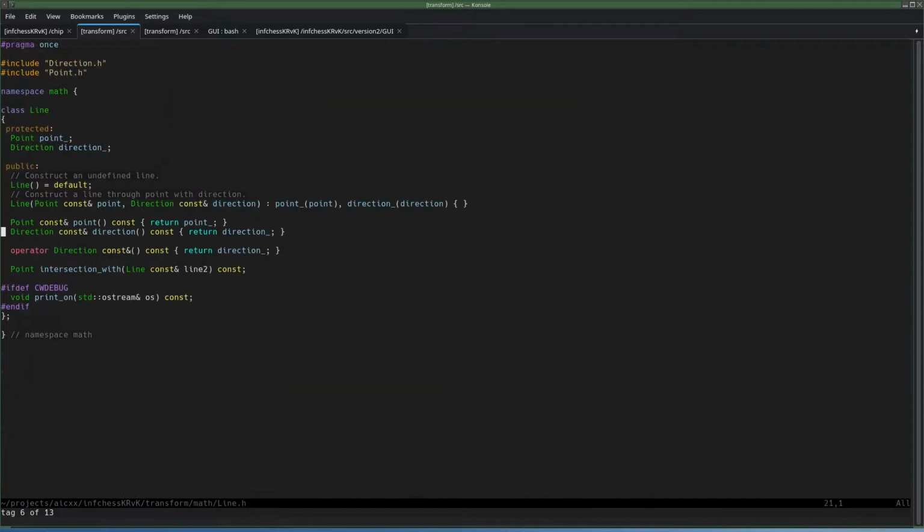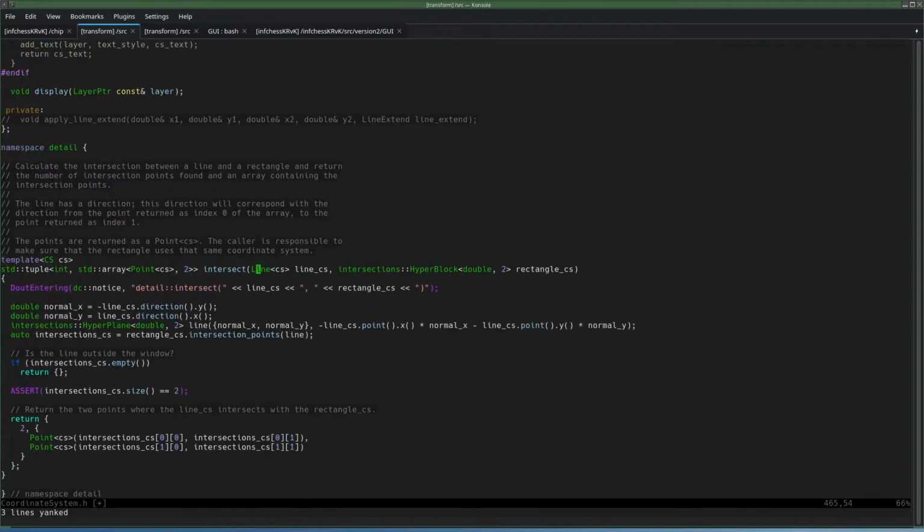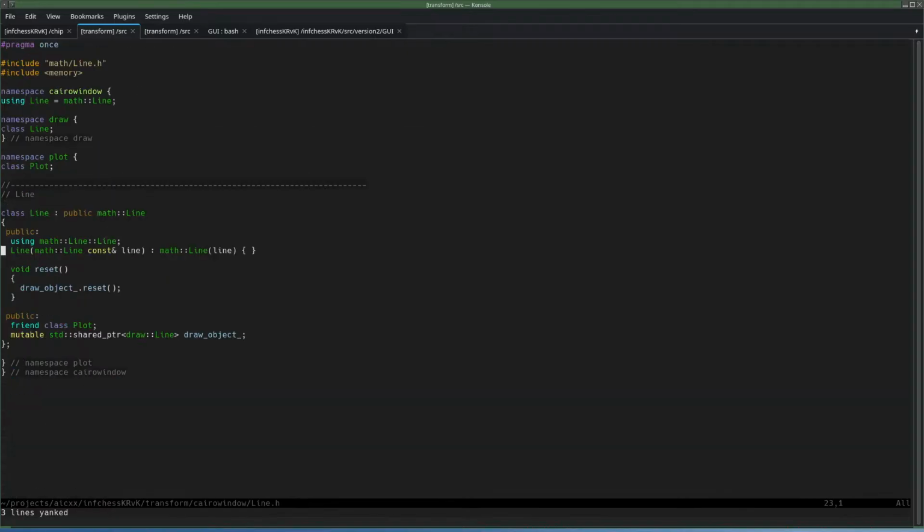The math line at least can be printed. Well, then we only have to add that to print the rest as well. This prints only the point and the direction. Yeah, it's a wrapper. I don't care.